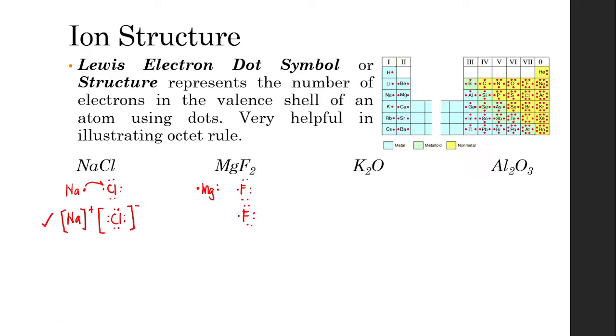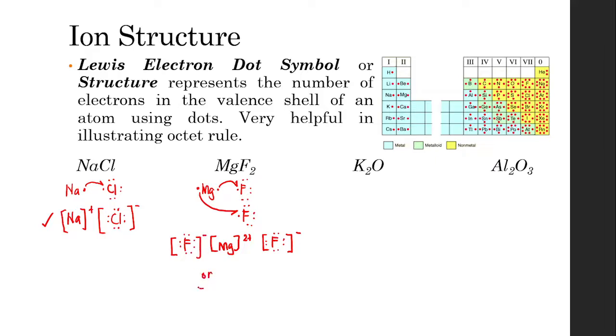Since this is our cation, our metal, and fluorine is our non-metal, our fluorine tends to gain more electrons than magnesium. So magnesium will donate one of its electrons to our fluorine, and it will donate another electron to the other fluorine, which will tell us that we will have a magnesium with 2 positive, and beside it, fluorine with 8 electrons, negative, and you can write the other fluorine here with 8 electrons, negative.